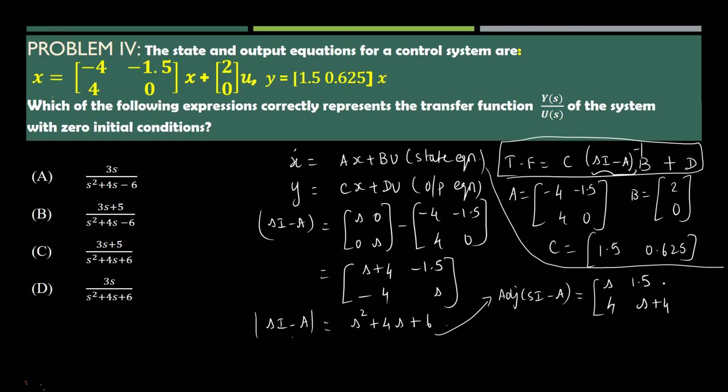In the whole inverse, sI minus A inverse is adjoint by determinant. Okay. So that is 1 by s square plus 4s plus 6 into that adjoint matrix.